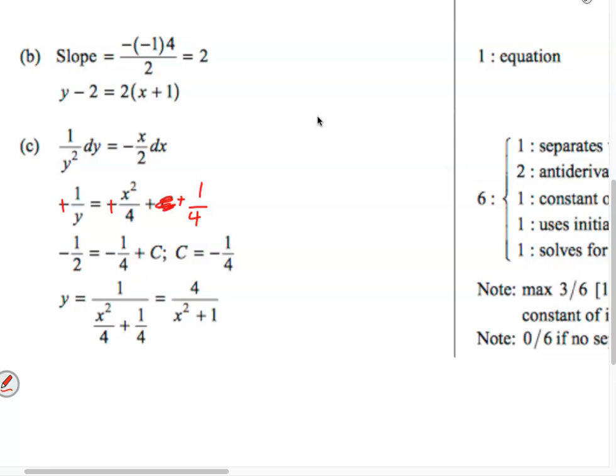It's the whole side. So the whole side gets put under a 1. So it's 1 over the whole side. All right, so when you solve for y, this is fine if you have 1 over the whole side, or if you multiply top and bottom by 4 and clean up and get rid of your complex fraction, that would be lovely. Right?